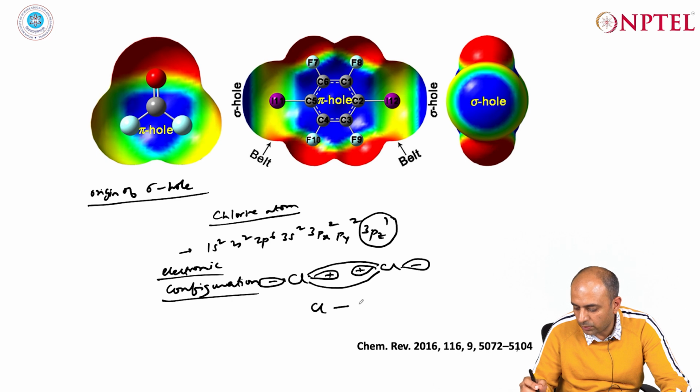So, when the chlorine-chlorine bond formation takes place, these two electrons which form the bond are now pulled away from the pz orbital towards the center of the Cl-Cl bond, and to start with it is one electron deficient, and in the process of covalent bond formation, because of the electron density being pulled into the internuclear region, that is where the bond formation takes place, along the bond axis there is now a region of electron deficiency.